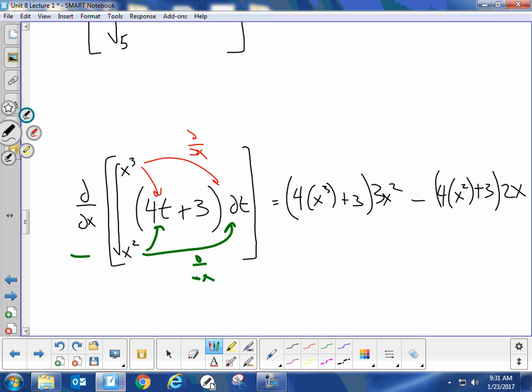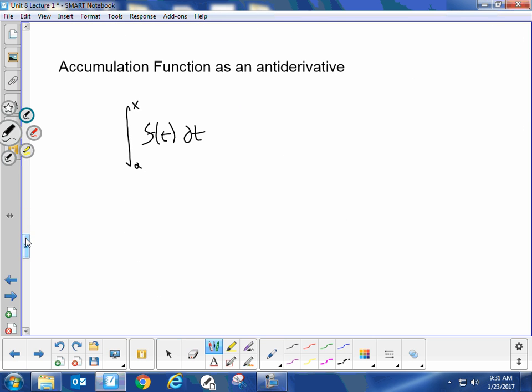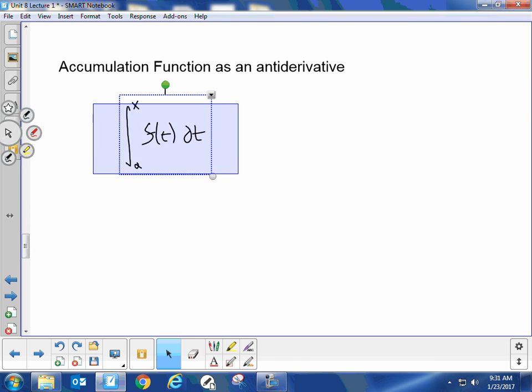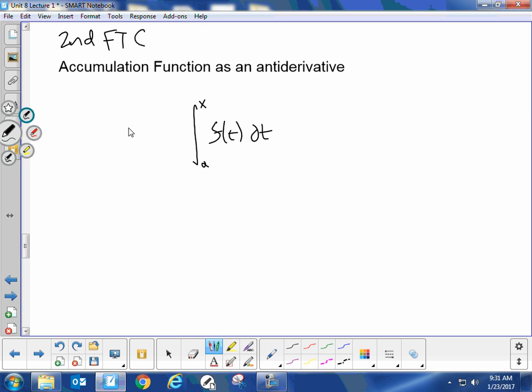All right. Now, this will bring us to the second fundamental theorem of calculus. We typically will say this accumulation function is some other function g of x.